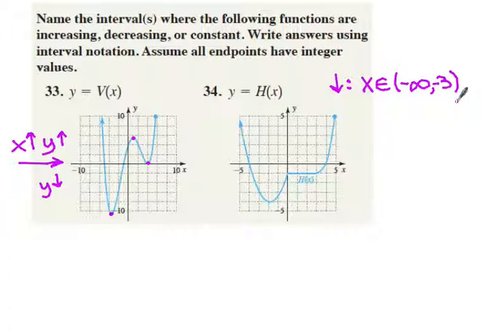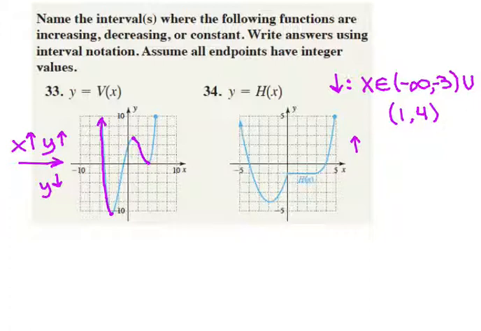Another spot where we're decreasing is between these two purple dots. So from 1 to 4. So this would be unioned with 1 to 4. Okay. Then I could talk about I'm increasing. Okay, so these would be our decreasing moments in this piece.